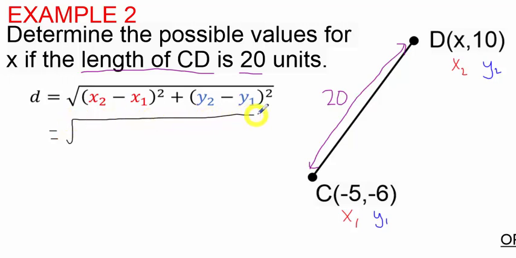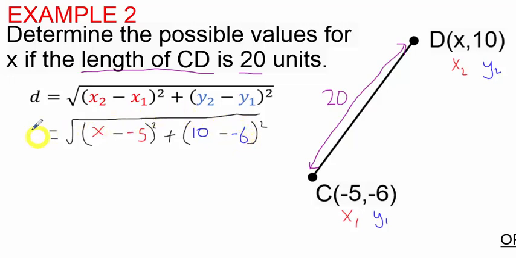We've got our x coordinates and then our y coordinates. So x sub 2 is just x. Okay, so that's easy. X sub 1 is -5, so we do have a double negative again. Y sub 2 is 10, and then y sub 1 is -6. We have another double negative.